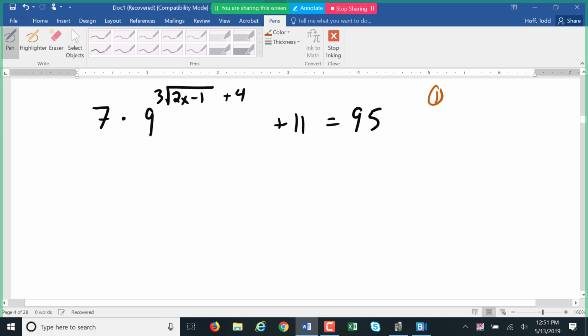Remember, the first step is to isolate the exponential. The exponential here is just the 9 to the power of that ugly mess. How do we get that by itself?